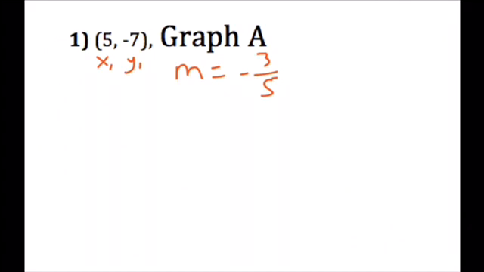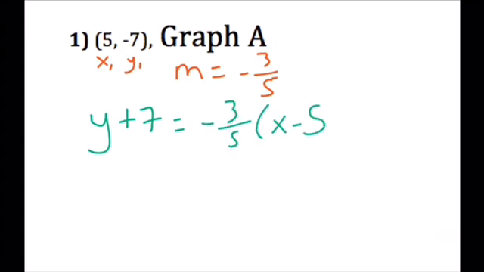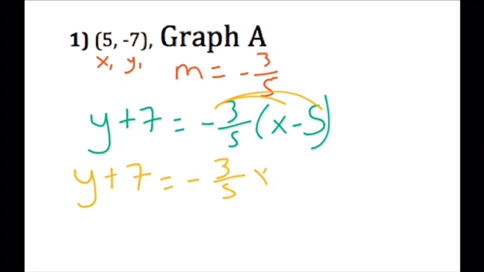Let's go ahead and plug this in now. So we have y minus -7, which is the same as y plus 7, equals -3/5 times (x minus 5). We're going to distribute the -3/5 through. y plus 7 equals -3/5 x.